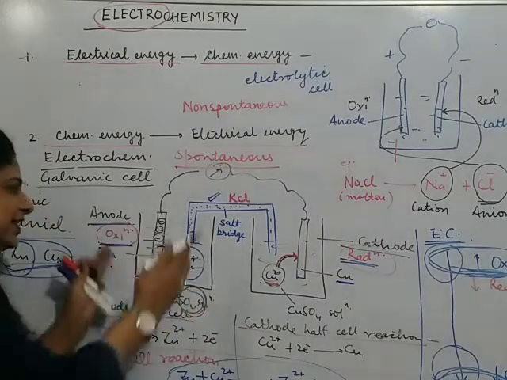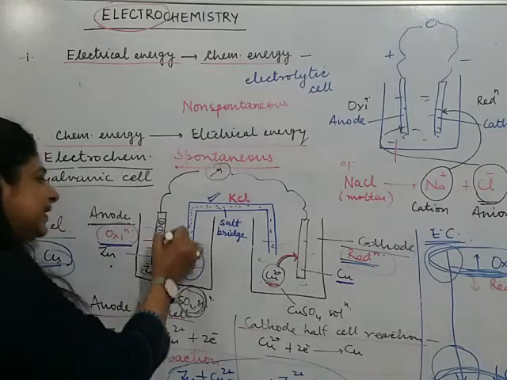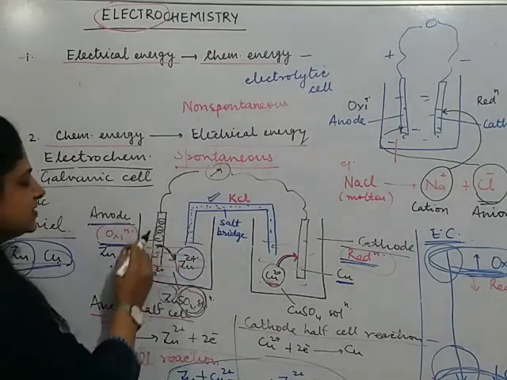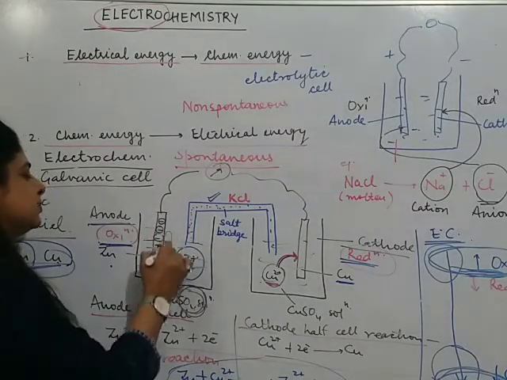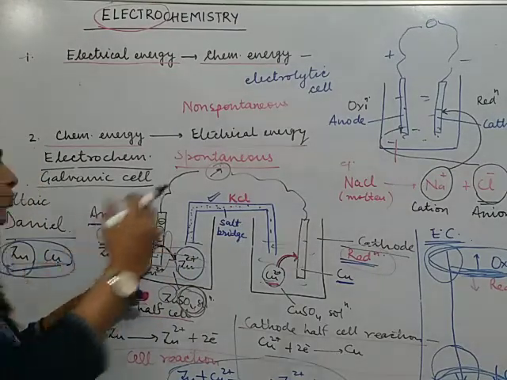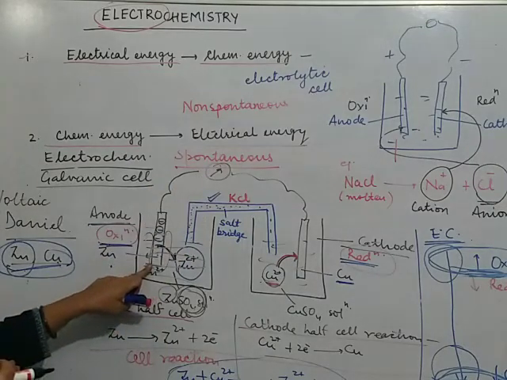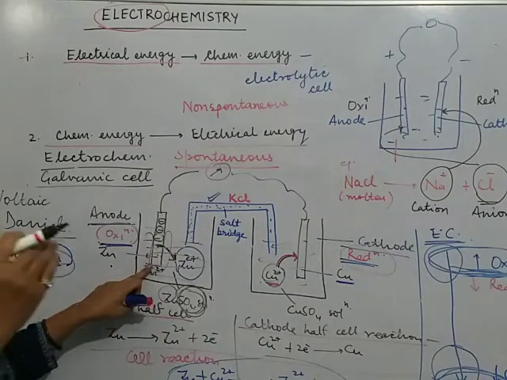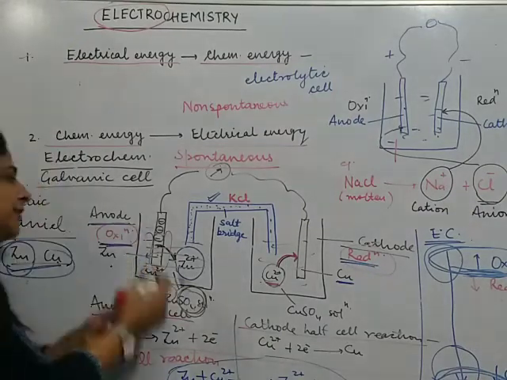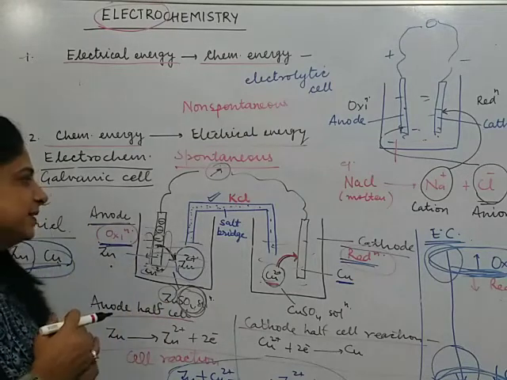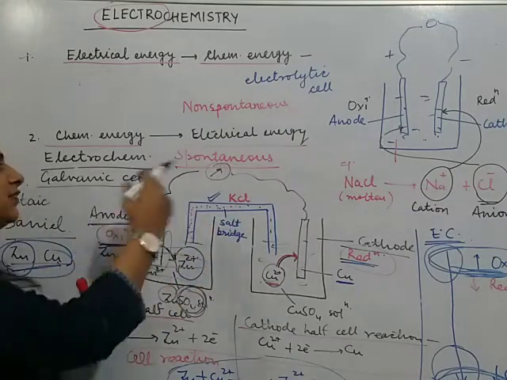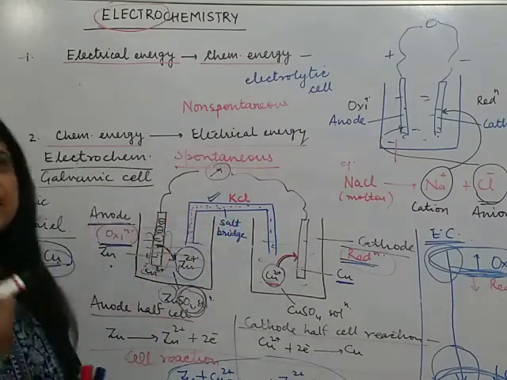So when the zinc ions start accumulating around this particular electrode, it will not let more zinc ions come into the solution. So the process will gradually start decreasing. This oxidation of the metal will gradually decrease. When it decreases, the potential difference will decrease and the electric current produced will also start decreasing.